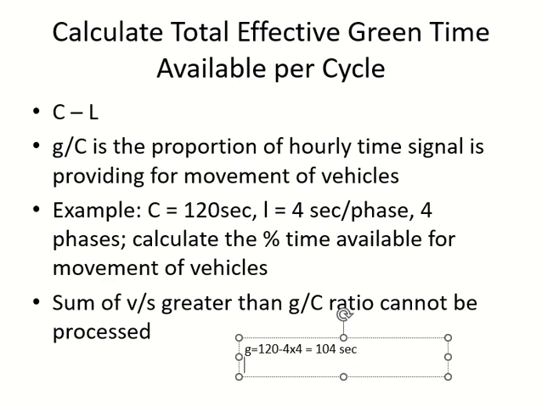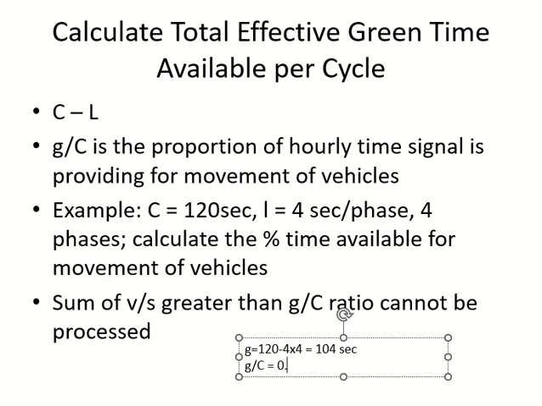Then you can calculate the G by C ratio, effective green over cycle length ratio. For this case, 120 seconds of cycle length, effective green 104 seconds. So the G by C ratio is 0.87.